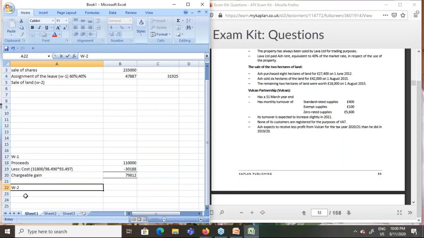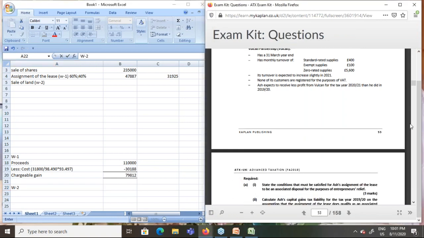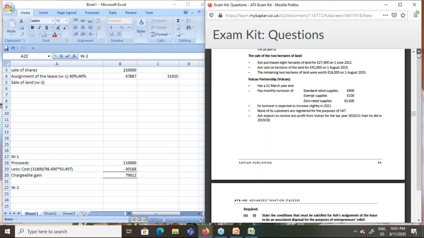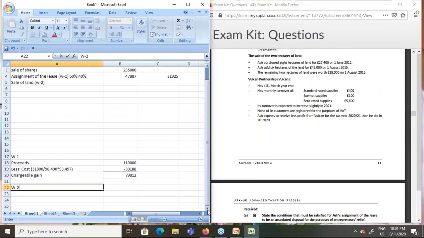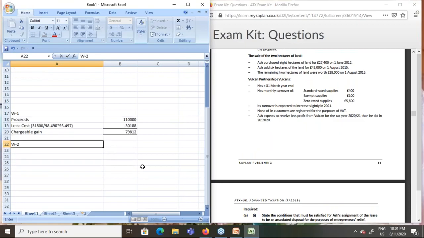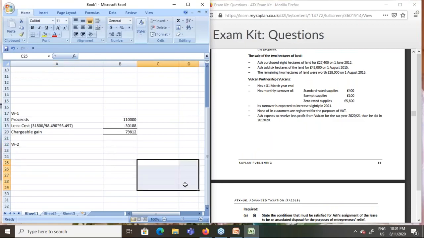So here, Ash purchased 8 acres of land for 27,400. So assume this is the land for 27,400. That is your cost.